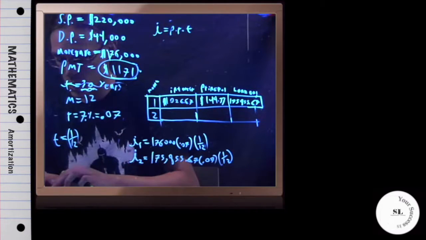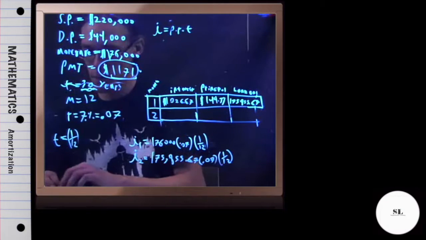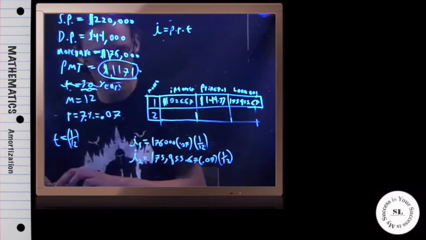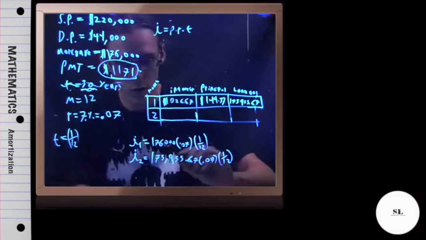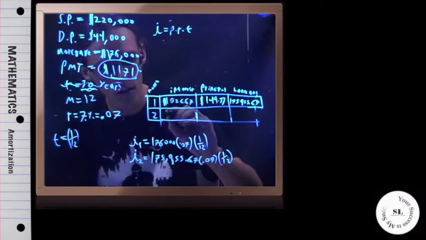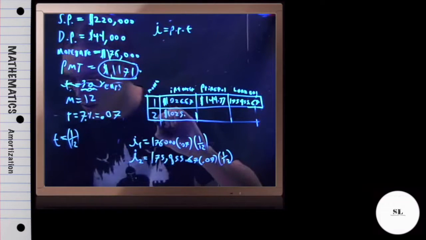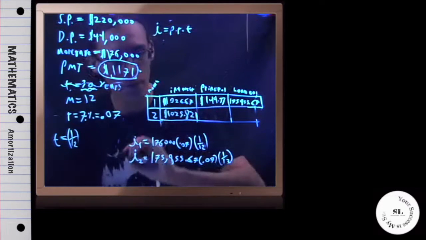So let me throw this in the calculator, 175,855.67, okay, and then times 0.07 times 1 divided by 12, enter, and I'm getting, for this interest, $1,025.82. Again, I'm rounding to the nearest cent.